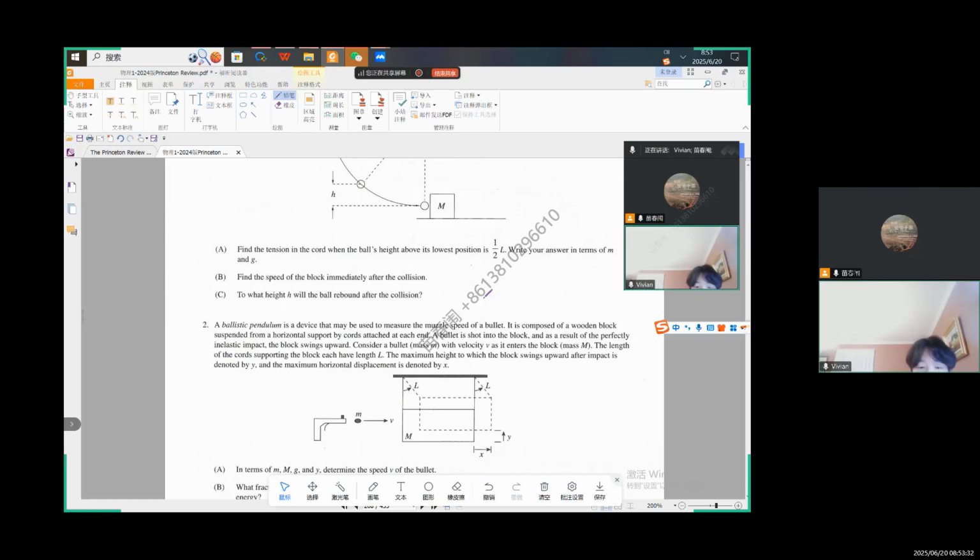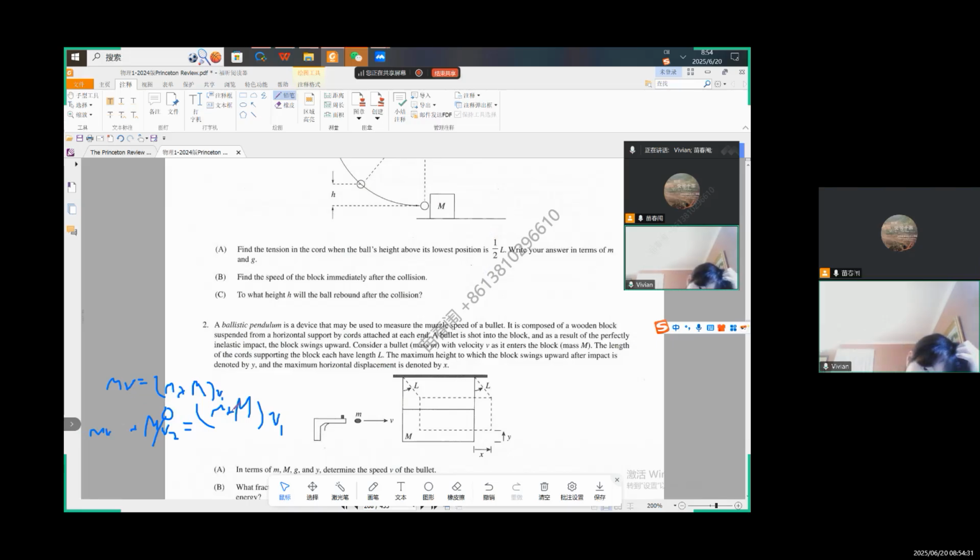So after, it's m plus m with common velocity v1, after, so that equals v2 plus v, but then it's still before, so this is 0. So mv equals m plus m times v1.